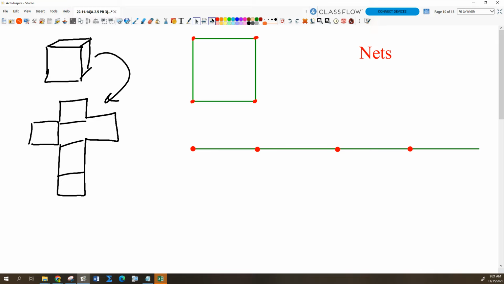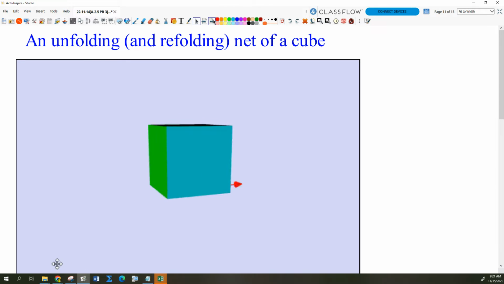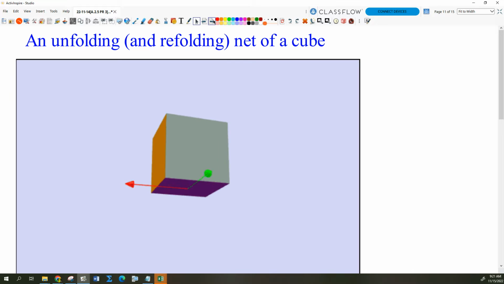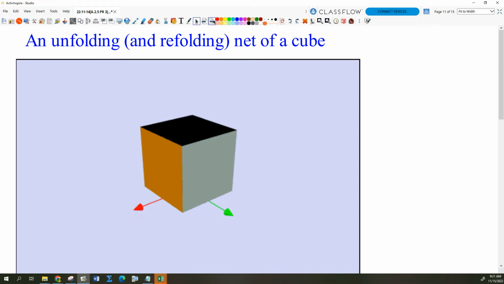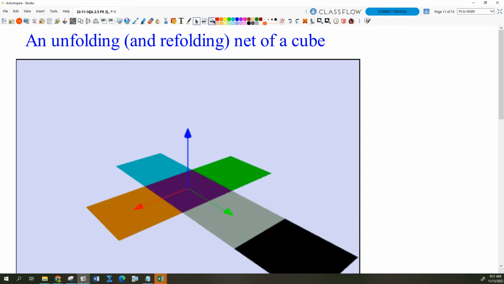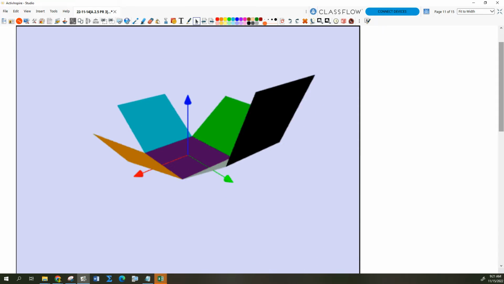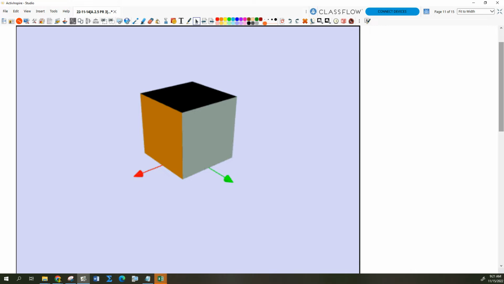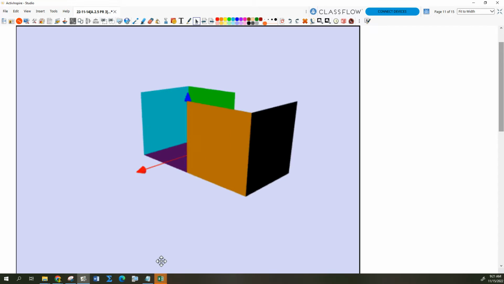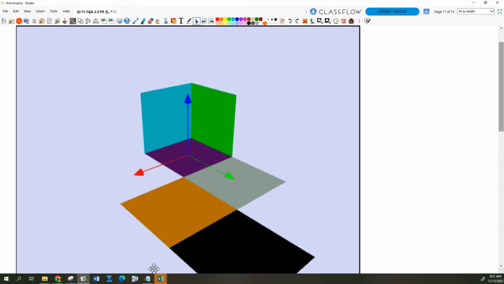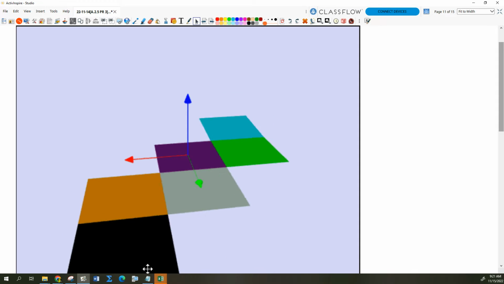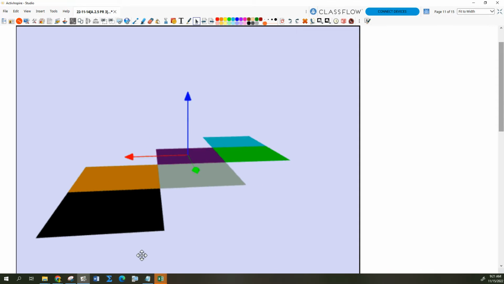So there's an example of an unfolding and refolding net of a cube. We can unfold it in different ways. There's one way, and here's a different way. Each of those works, right? They both fold back up into cubes.